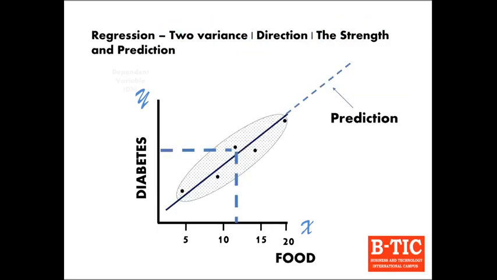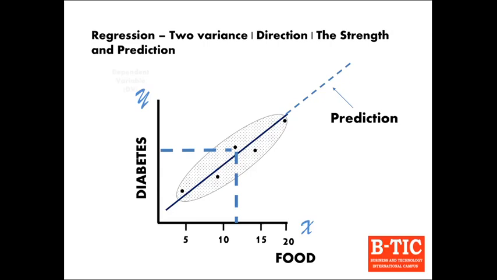The next thing is regression. In regression analysis, we again analyze two variables, and the direction is analyzed as well, positive or negative, and the strength of it, as in correlation analysis. But in addition to that, we analyze the prediction. We predict also. So if you analyze one variable alone, we call it variance.